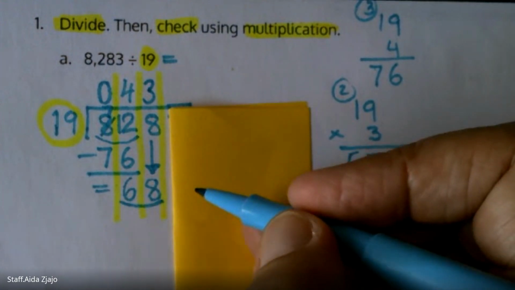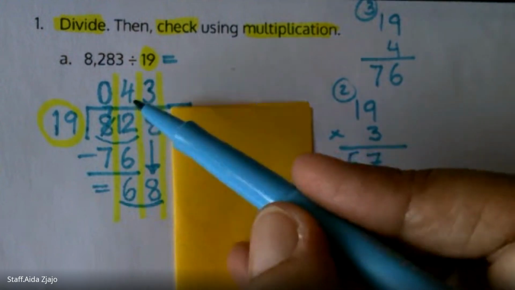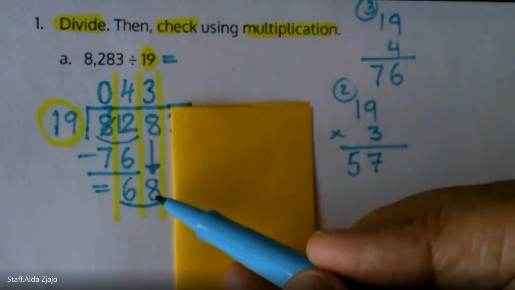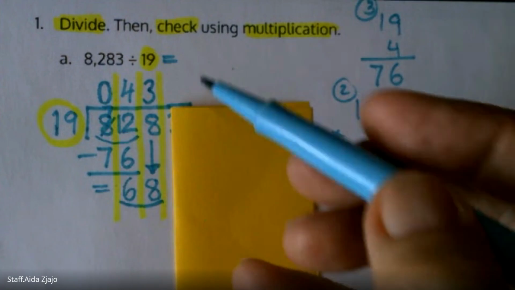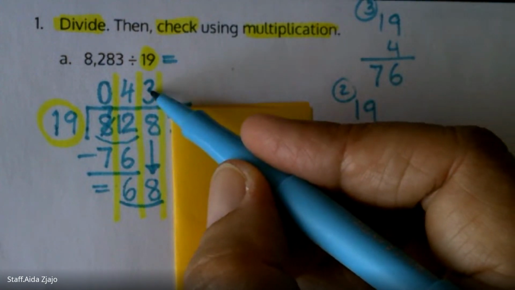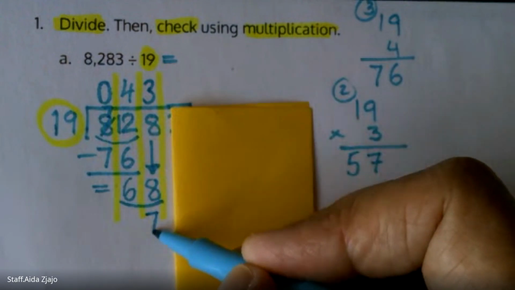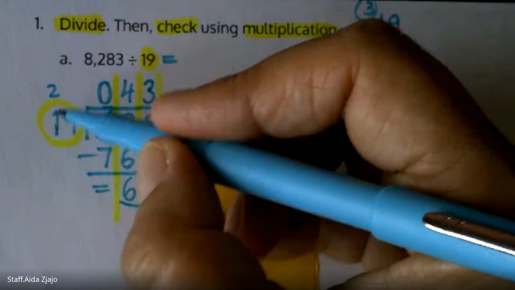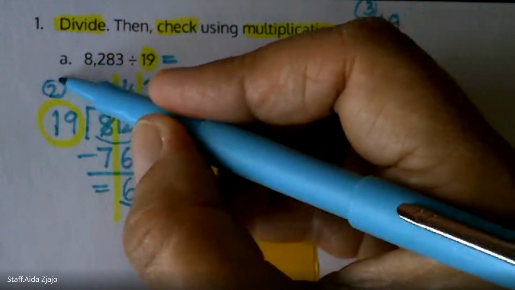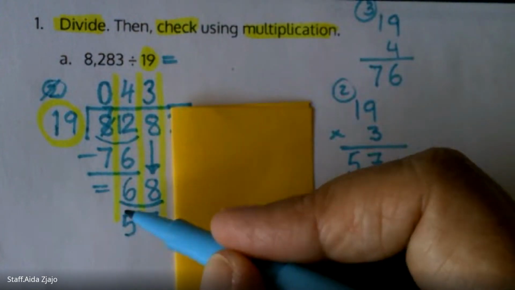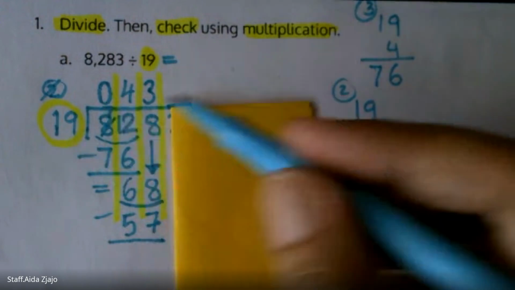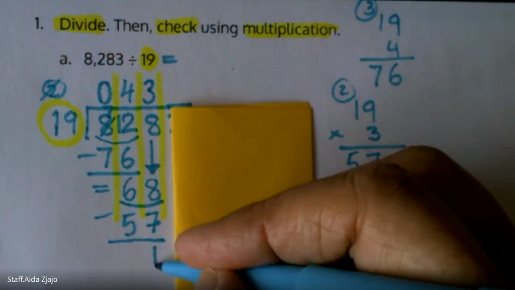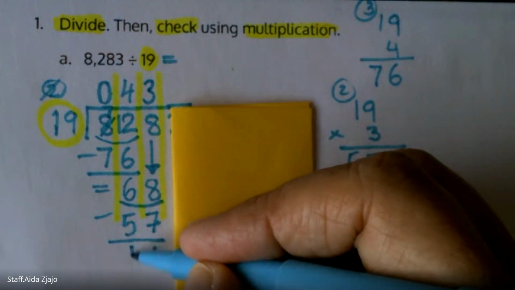I usually do it on here: I'm guessing that 3 nineteens are in this 68, so I put 3 there, and I say 3 times 9 is 27, write 7, remember 2. 3 times 1 is 3, plus 2 is 5. That's how I do it right there. Now I need to subtract: 8 minus 7 is 1, 6 minus 5 is 1.